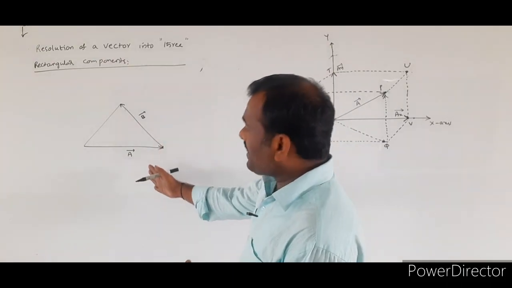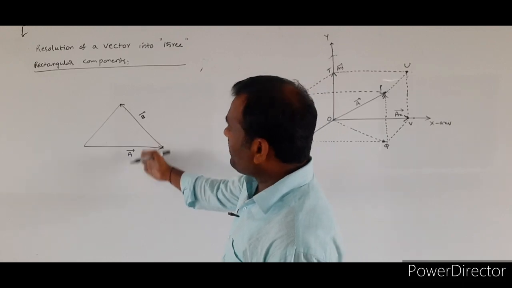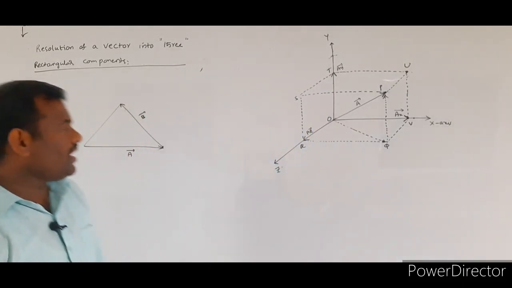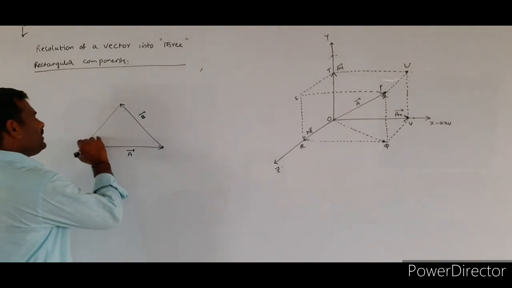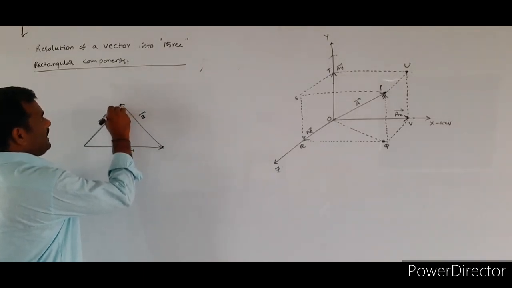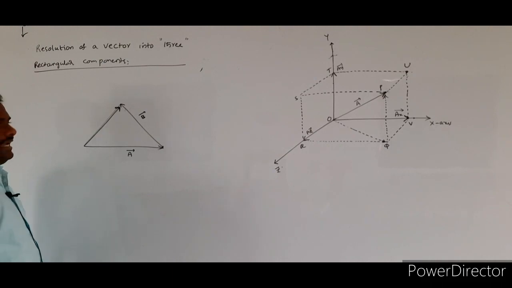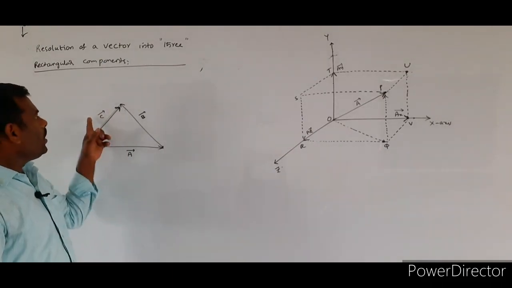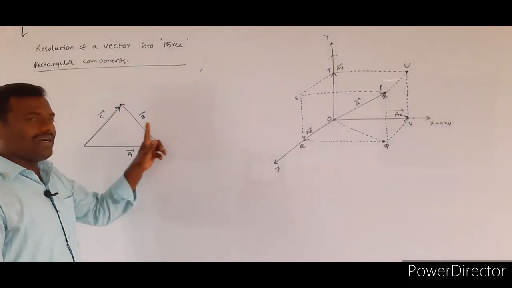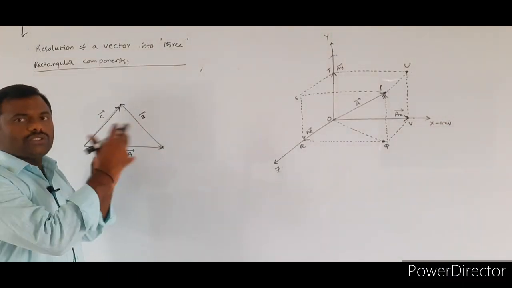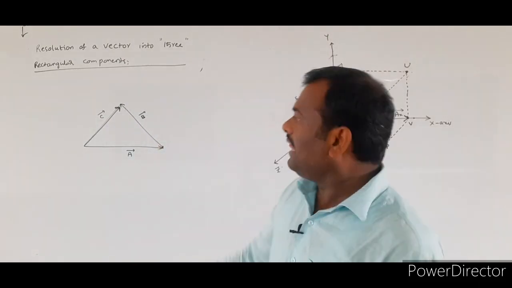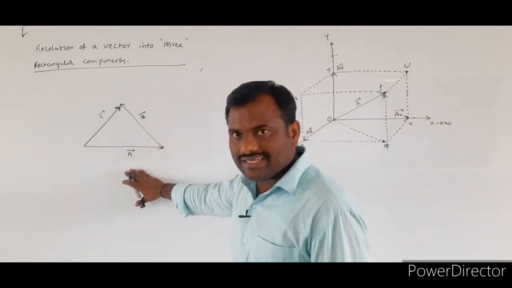So, if these two vectors are represented by the sides of a triangle taken in order, the closing side of the triangle, taken opposite to these two vectors, will give the resultant of these two vectors.